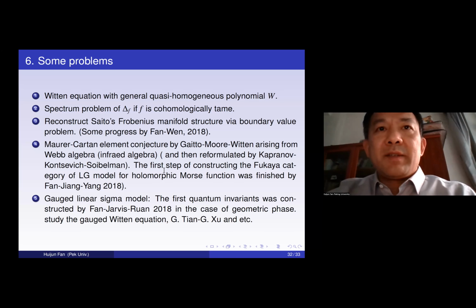Of course, related to this conjecture, the first step is to construct the Fukaya category of the LG model for a holomorphic Morse function. This step was actually finished by me and two of my collaborators in 2018. It appeared on arXiv.